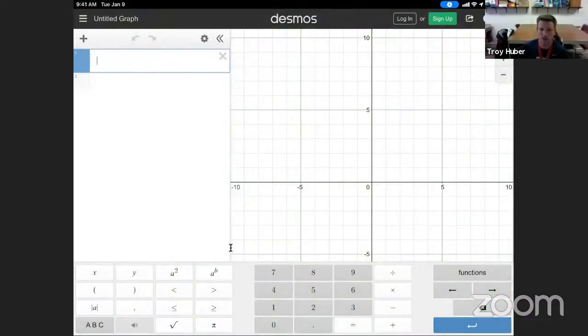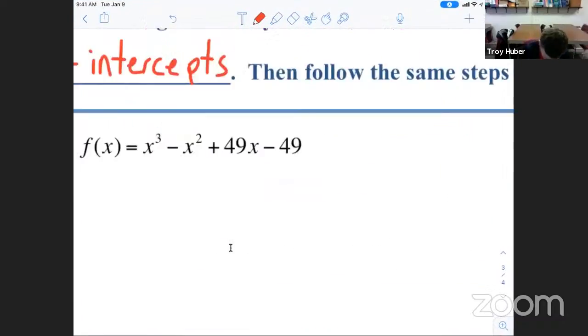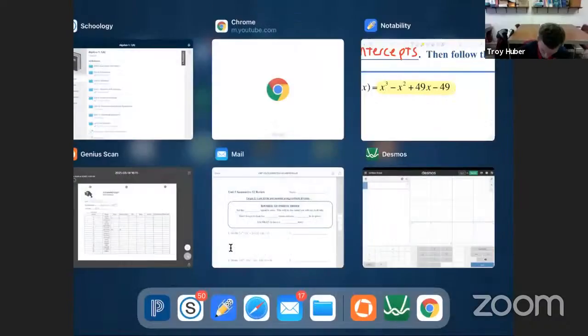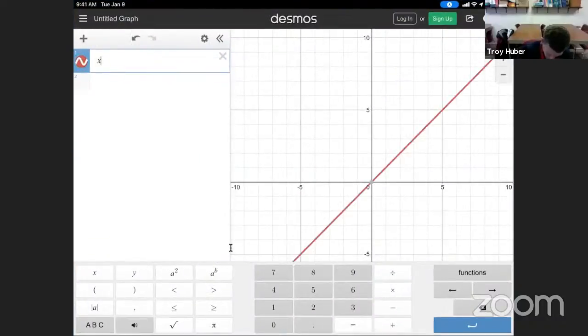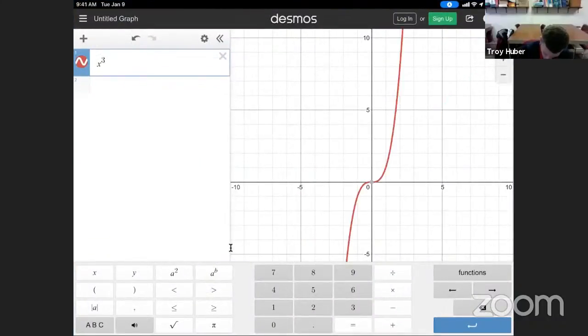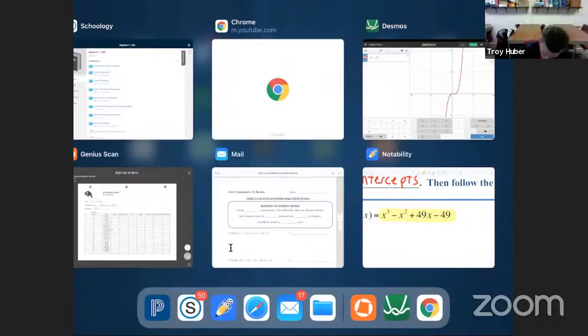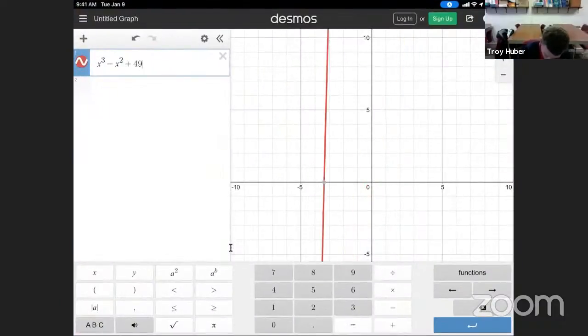All right, we would just plug our polynomial in. In this case, we would plug in just this part right here. So x to the third minus x squared plus 49x minus 49.